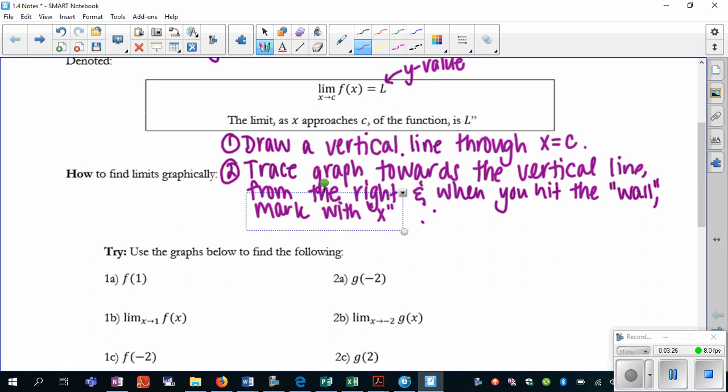Then you're going to do the same thing from the other direction, so repeat from the left side.